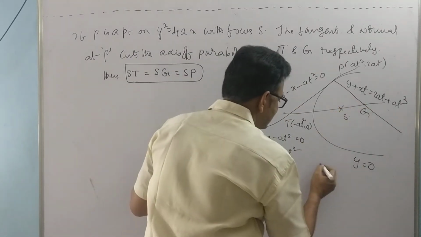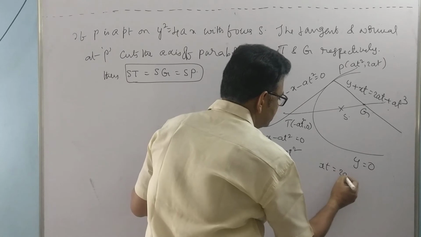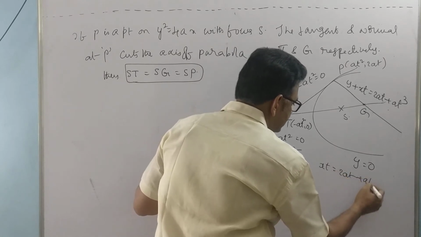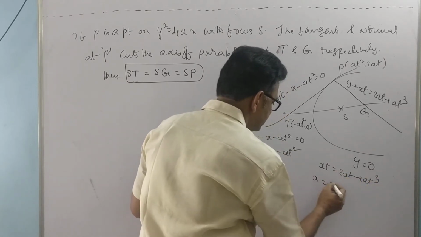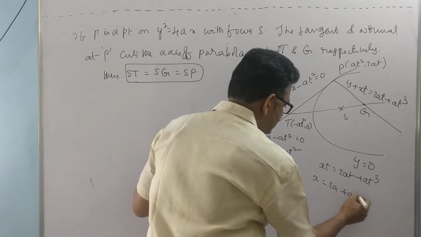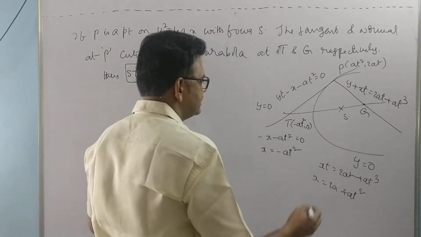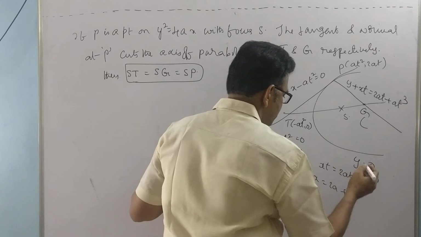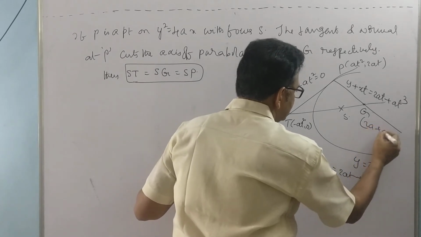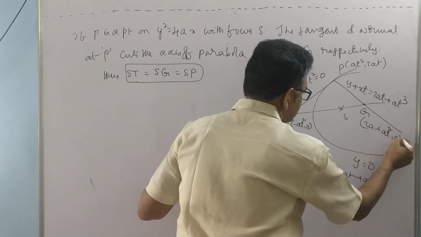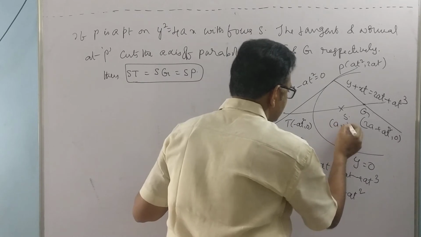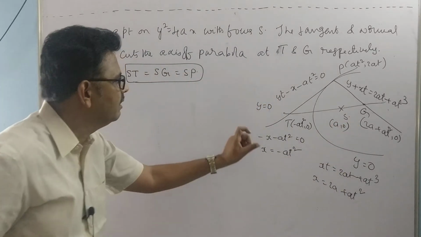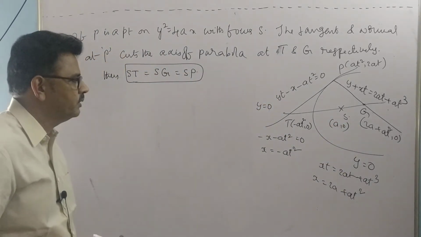So this becomes xt is equal to 2at plus at cube. Therefore x is equal to 2a plus at square. Therefore the coordinates of G are 2a plus at square comma 0. Focus is a comma 0. Now we have all the coordinates.